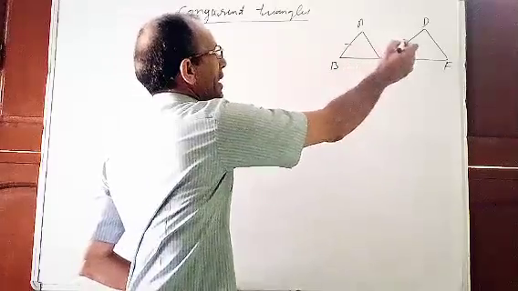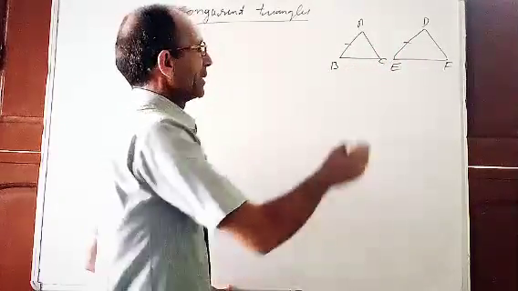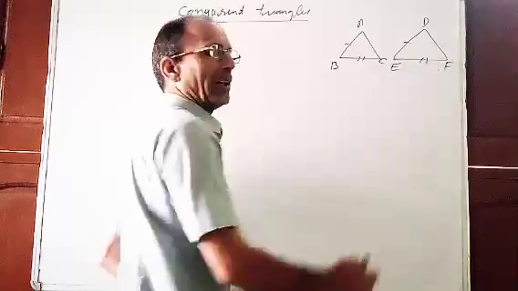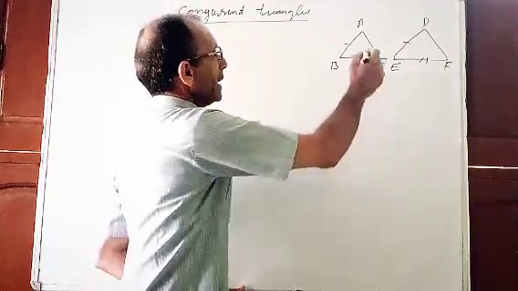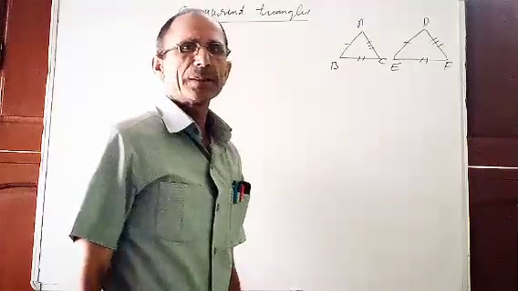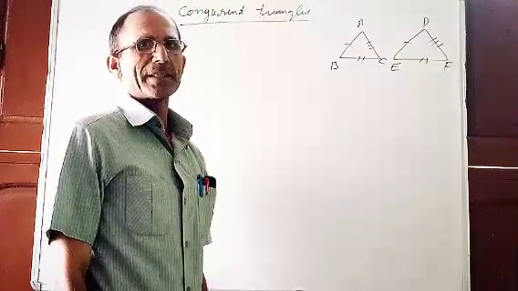If AB is equal to DE, BC corresponds to EF, so BC is equal to EF, and AC is equal to DF. So these are corresponding sides.